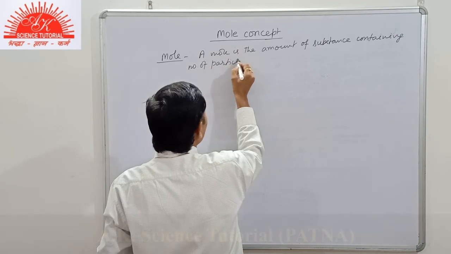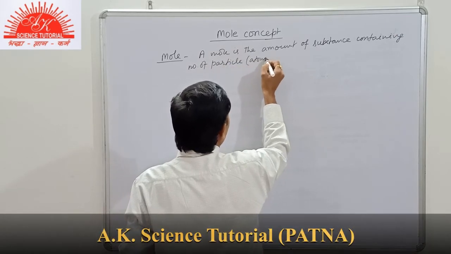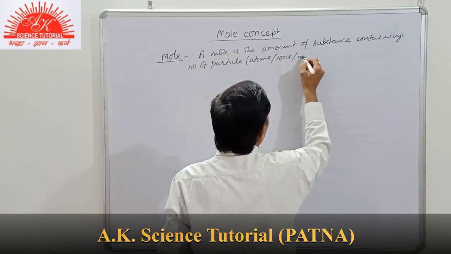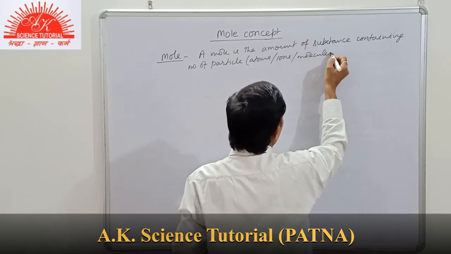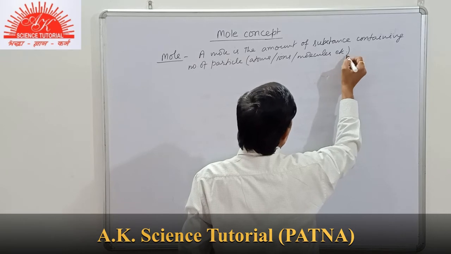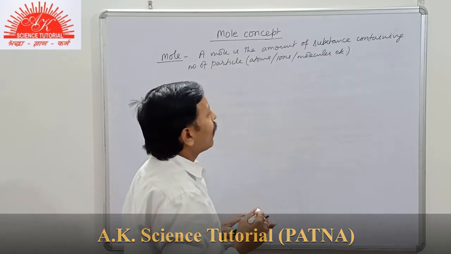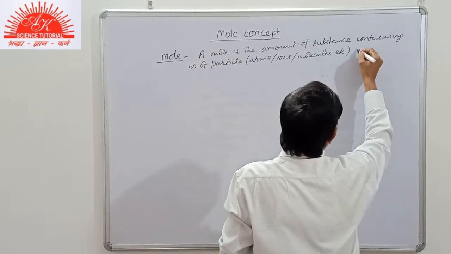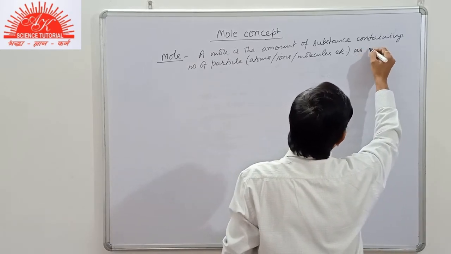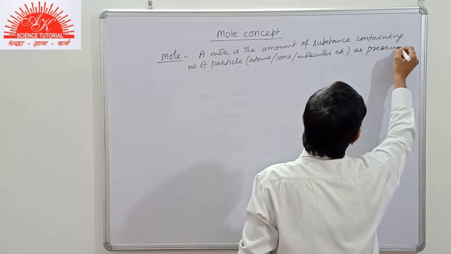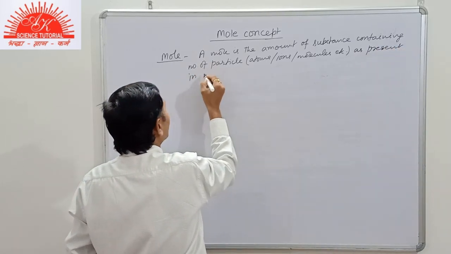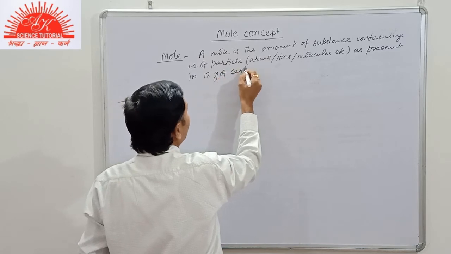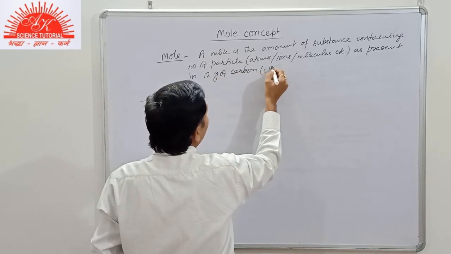Now the particles may be atoms, ions, molecules, etc. So a mole is the amount of substance containing number of particles as present in 12 gram of carbon C12.